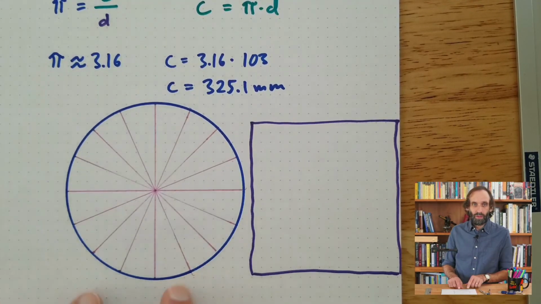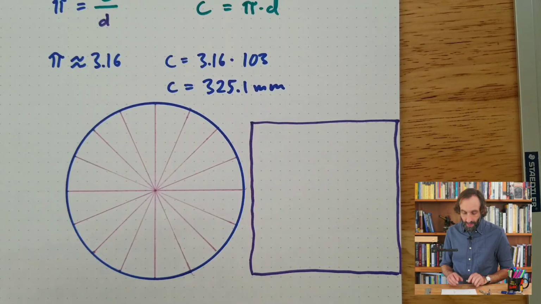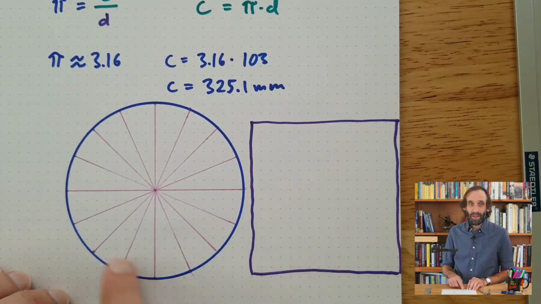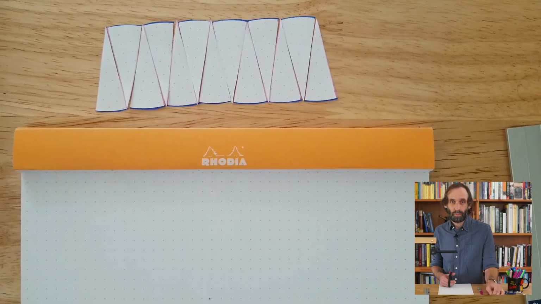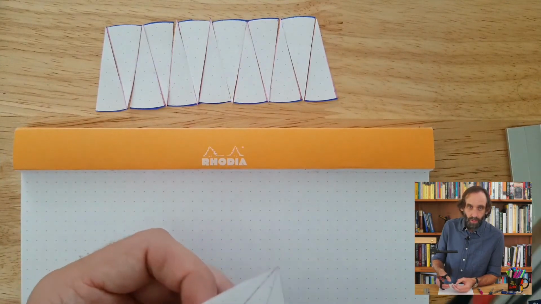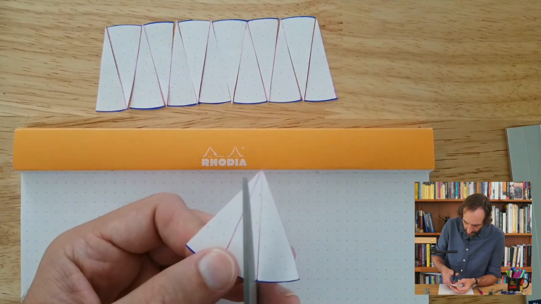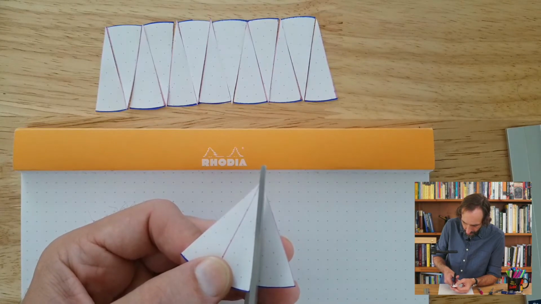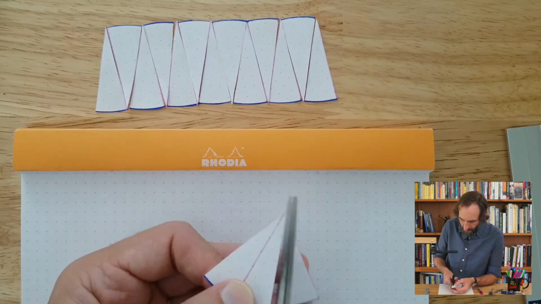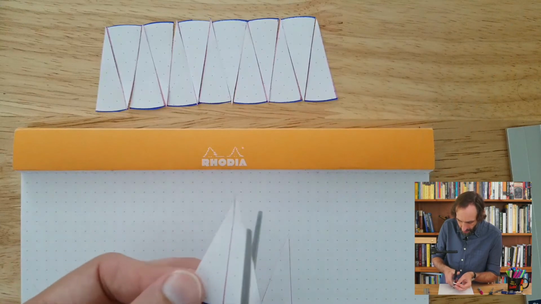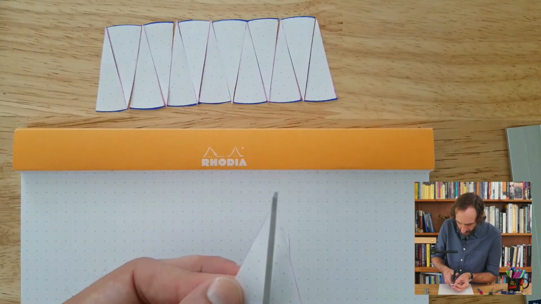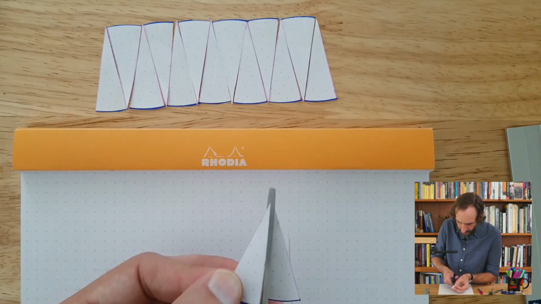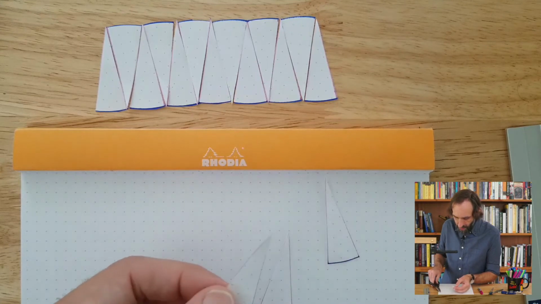Okay, so I drew a bunch of slices in this circle. Now I'm going to get my scissors and cut it all out. I've been cutting these slices out and then arranging them into a somewhat rectangular shape. I've got my last couple slices here to cut, and I'll add them to the shape.